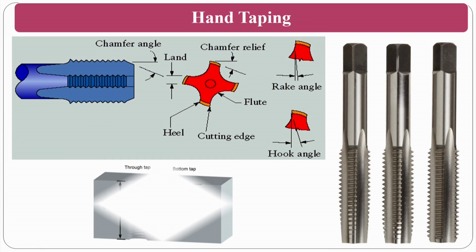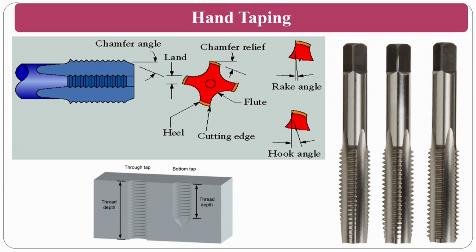So this is how the tap will be. Normally the tap geometry will be like this: a cutting edge will be there on the edge, the heel, and this particular thing is the land, how much width is there, that is the thing about the land.